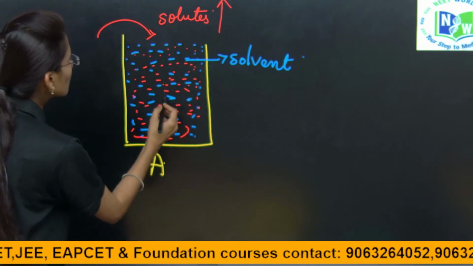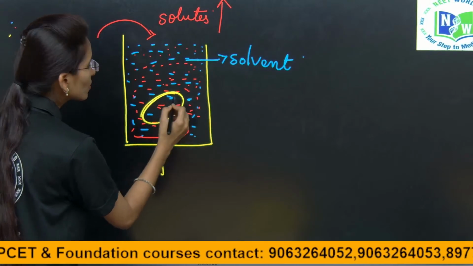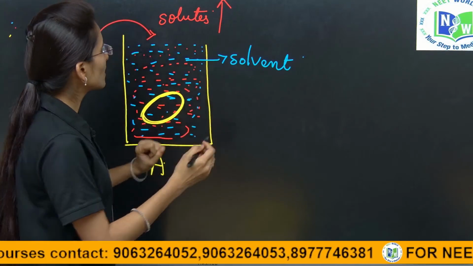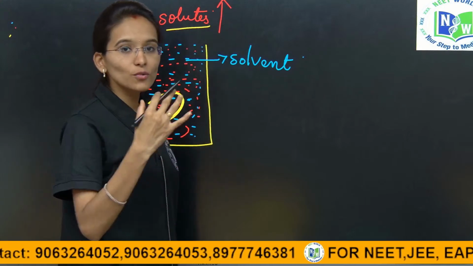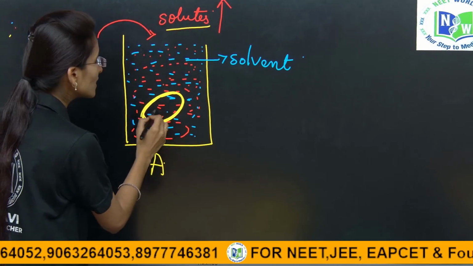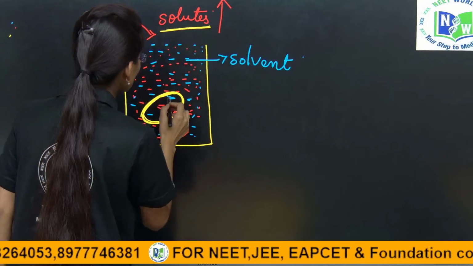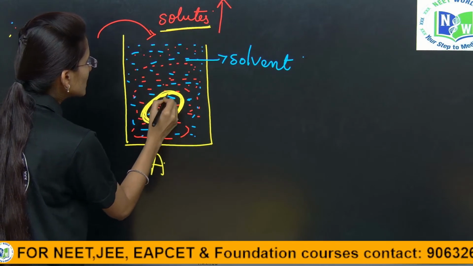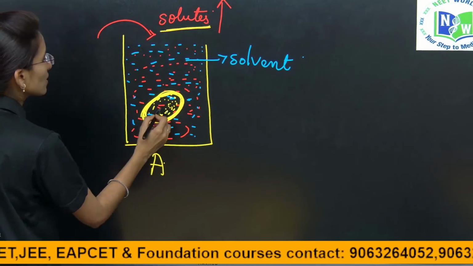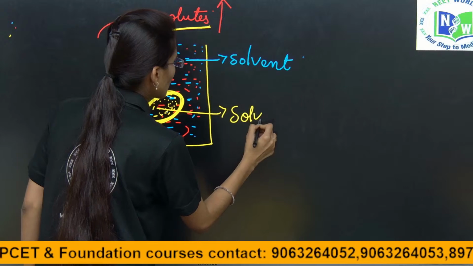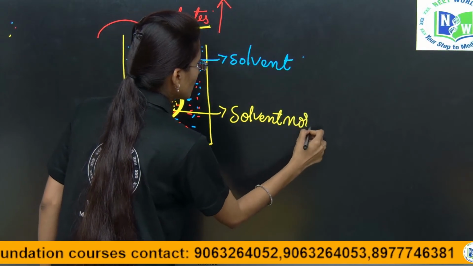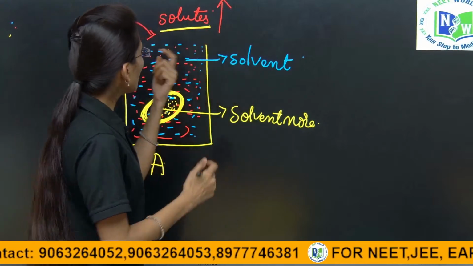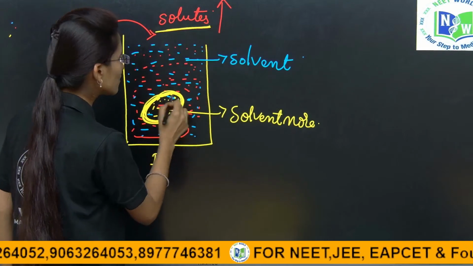Now I am going to place a resin. Please try to understand: the solute percentage is more outside the cell, and inside the cell the solvent is more.